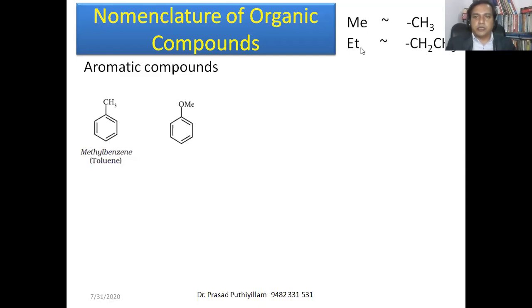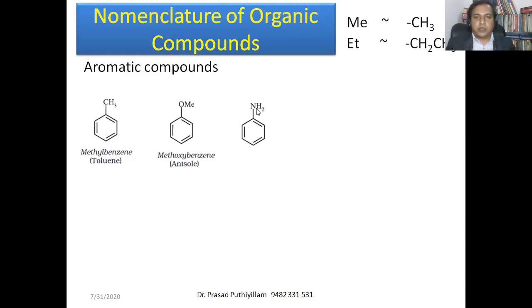Likewise, Et represents the ethyl group, not a functional group as such, but a group of atoms. So Me represents CH3, Et represents CH2CH3. Therefore, this is the methoxy functional group. Therefore, it is methoxybenzene. Methoxybenzene is commonly known as anisole.